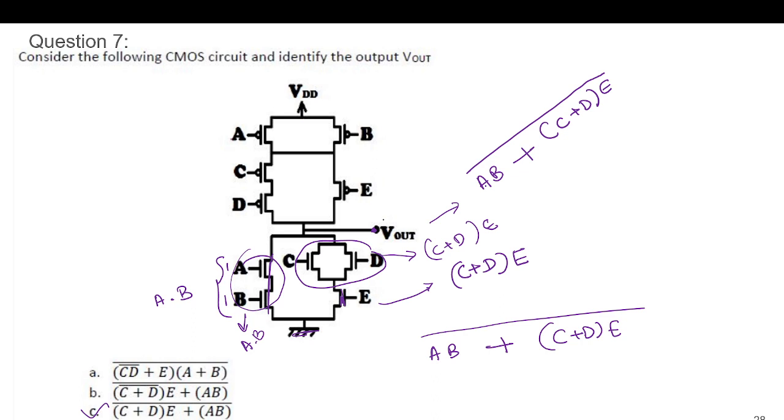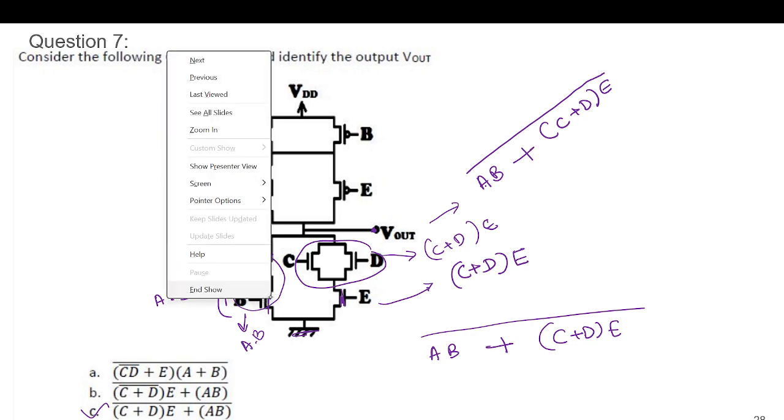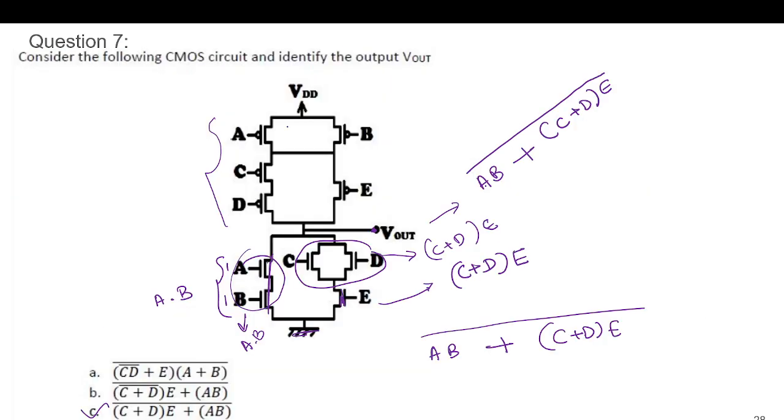Yes, this we will consider. This will be the opposite: like here A and B are in series, so here A and B will be in parallel. C and D are in parallel, so C and D will be in series here. And this was in series with E, now it will be in parallel with E.